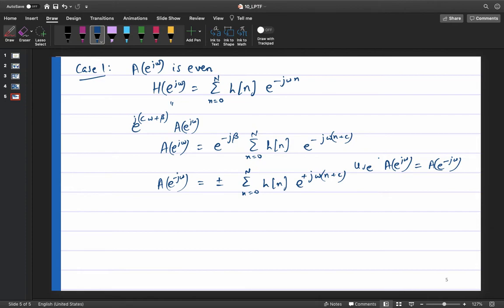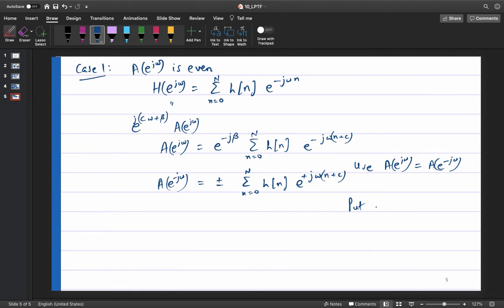Now this is something interesting. Let me do some trick here now. What I want is to convert to a negative sign. So now I want to match these two terms.